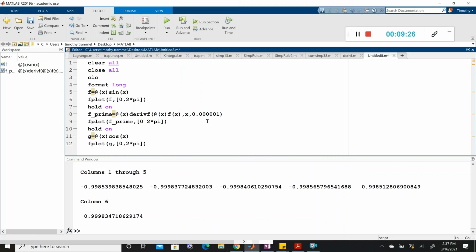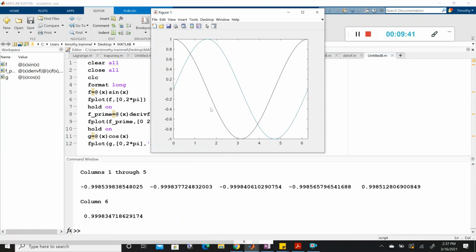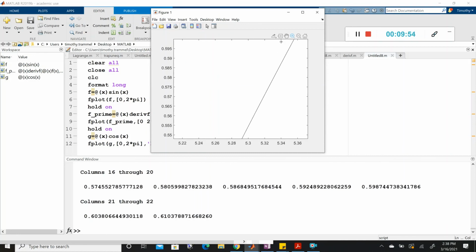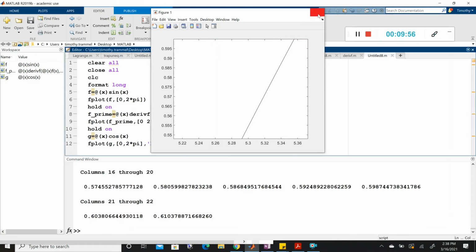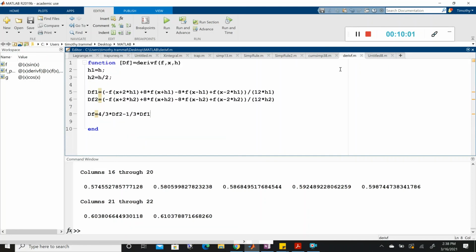And let's specify the color here. Let's make this one black. That way we can see it against the red, if we even can. Okay, so we can, but can we see the red one is the question. Let's zoom in and see if we can. Okay, so these are so close that we can't even distinguish between them. All right, and that is it for this function, deriv f.